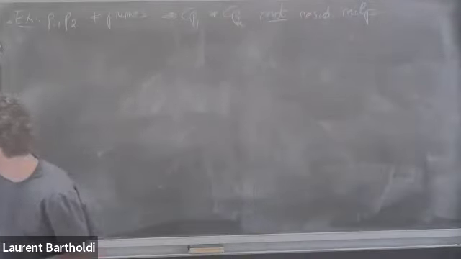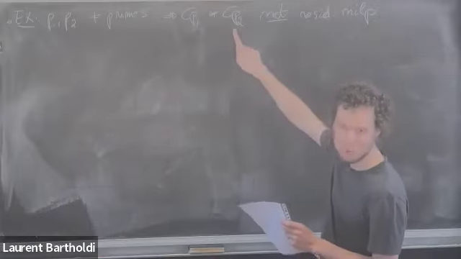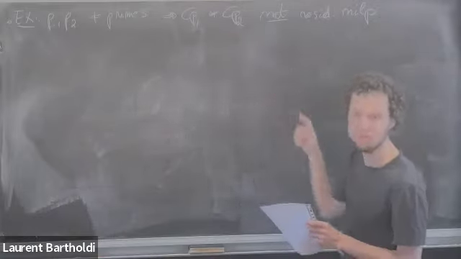So it's not true in general that the free product of two nilpotent groups will be residually nilpotent. I couldn't follow the notation. You take a free product just of two finite groups, one cyclic group of order p1 and the other cyclic group of order p2, and it's not residually nilpotent.